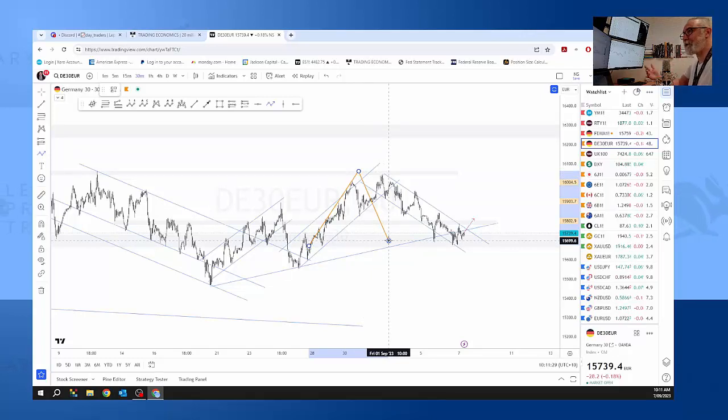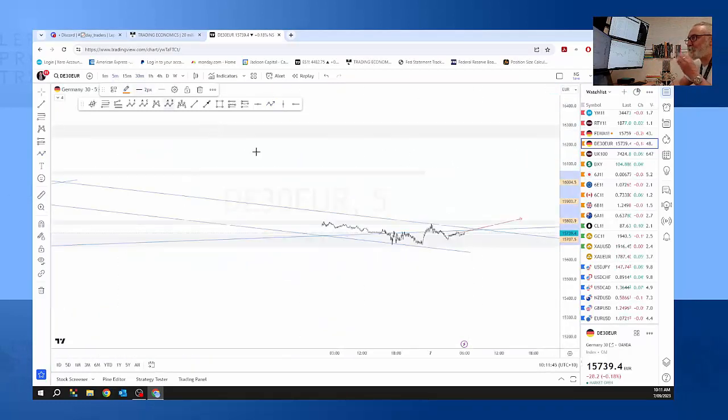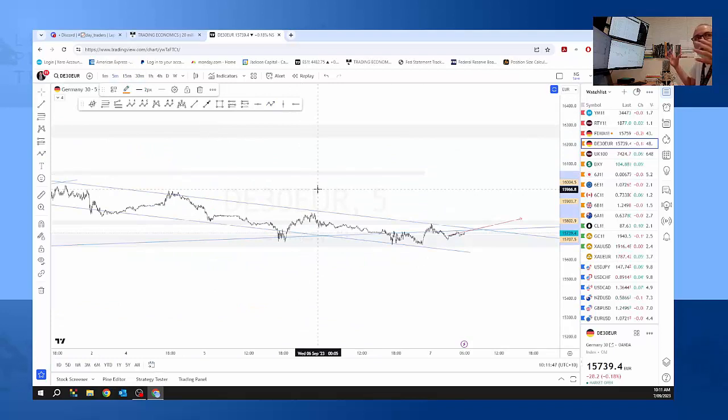Now here comes the art in it, is that it may not do it perfectly. If you're using SR levels that are too small in really small time frames, like on a 5 minute, and you're ignoring the larger time frames, then you're going to get caught. We've got to make sure that we look at the larger time frames.